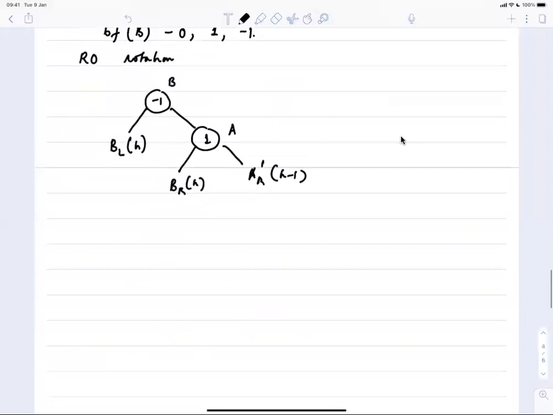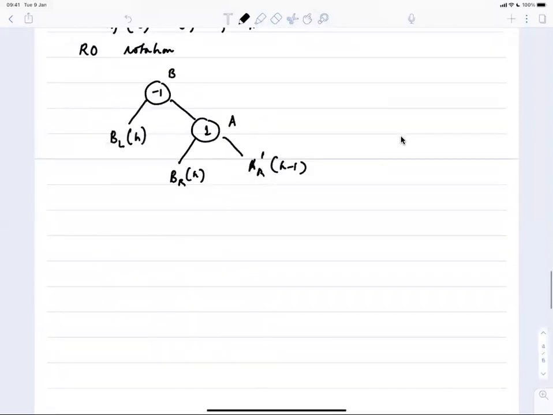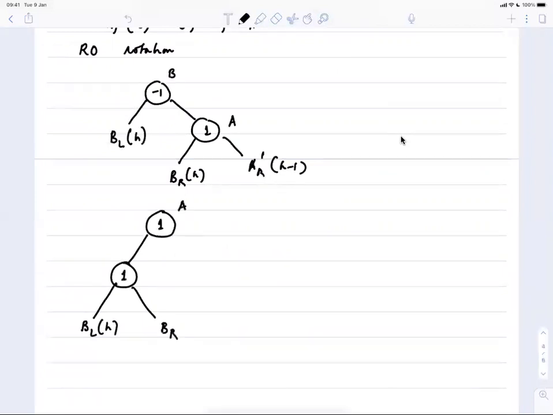Now, suppose we had the same thing here, but now, let's say this is A, its balance factor is 1, B, its balance factor is 1, BL, BR, this is H, and so this has to be H minus 1, because this node's balance factor is 1. And let's say I have AR of H over here.